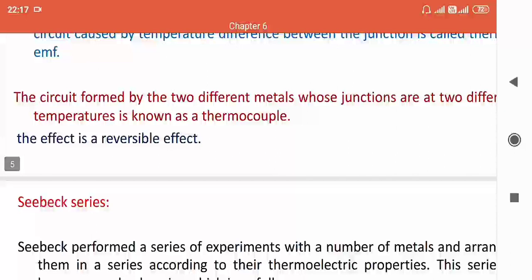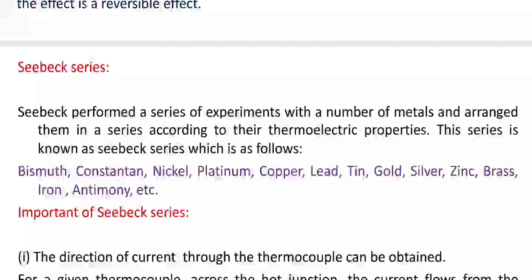Now, the important topic of the Seebeck series. The scientist Seebeck performed a series of experiments with a number of metals, creating thermocouples, and arranged the metals according to their thermoelectric property. This is known as the Seebeck series: bismuth, constantan, nickel, platinum, copper, lead, tin, gold, zinc, brass, iron, antimony.